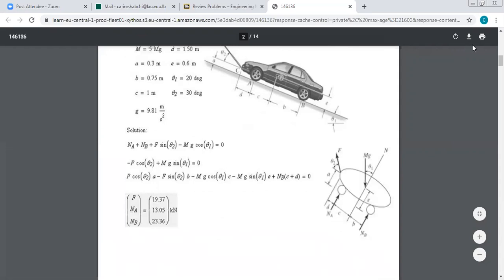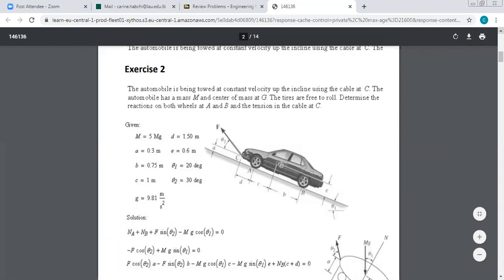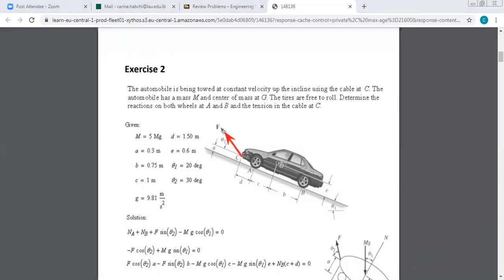Okay, so here in this problem we have the force in the cable F. We have the weight of the car. Now they said that the wheels are free to roll, and when they don't give any information about friction, you can consider that the mass of the wheels is negligible, and you can say no friction.